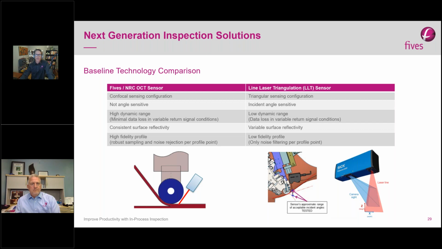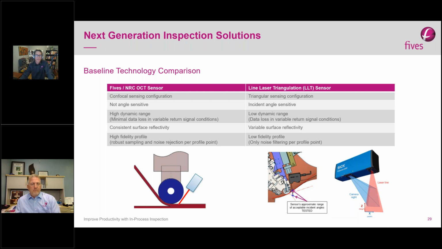So this is a perfect configuration for attaching a sensor to the back of a machine head. Line laser triangulation has a triangular sensing configuration, and therefore you have a fixed scan angle that has to be orthogonal to the surface. So anything beyond about 10 degrees and your signal gets severely degraded.